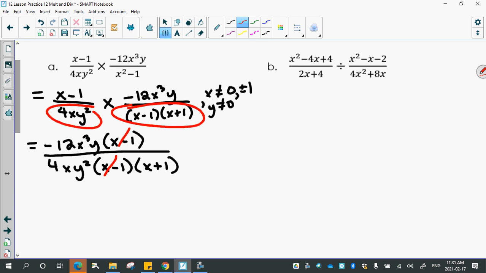You can reduce the x's and y. So in the top I have 3 x's all multiplying together. That's what x cubed really is. And in the bottom I've got 1 x. So this x in the bottom cancels with one of the x's on the top, leaving 2.